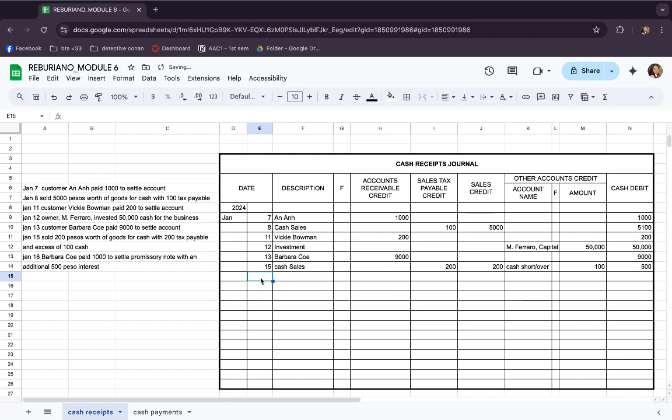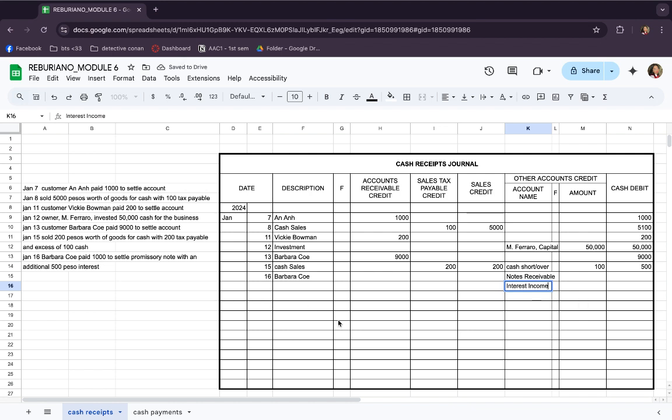And lastly, January 16, Barbara Co. paid 1,000 to settle a promissory note with an additional 500 peso interest. So, what will happen here is Barbara Co. We're not going to put it on accounts receivable, because when we regularly record this transaction, we are going to write it under notes receivable and interest income.